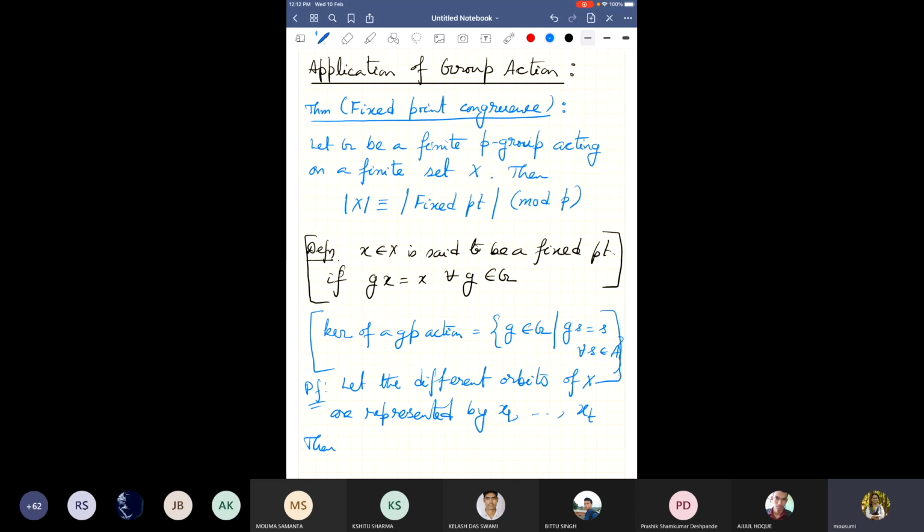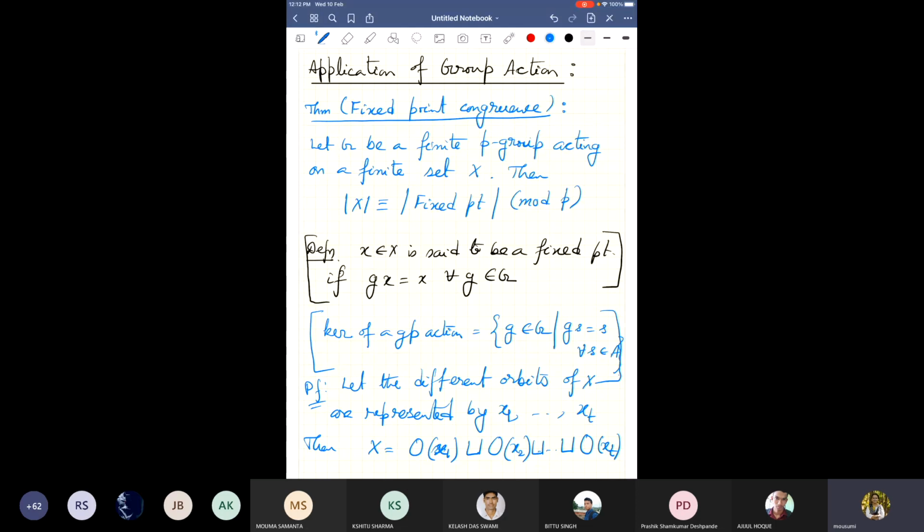Then X can be written as the disjoint union of the orbits. This is true for any group action: the set can be written as the disjoint union of its orbits, correct?